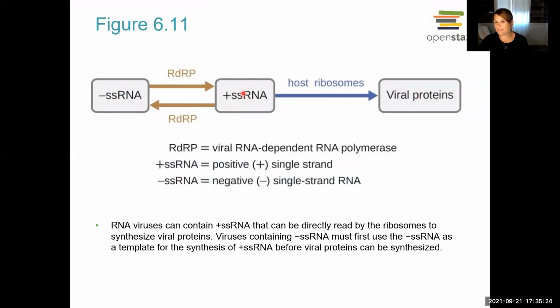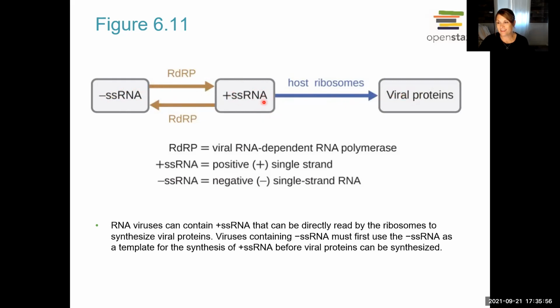So if you're a plus strand, if that's your type of RNA, then you can be directly translated into viral proteins, because you have the right code. But if you're antisense or minus strand, you have to first be transcribed by RNA-dependent RNA polymerase into the plus or sense strand, and then that can be translated into proteins. Does that make sense?